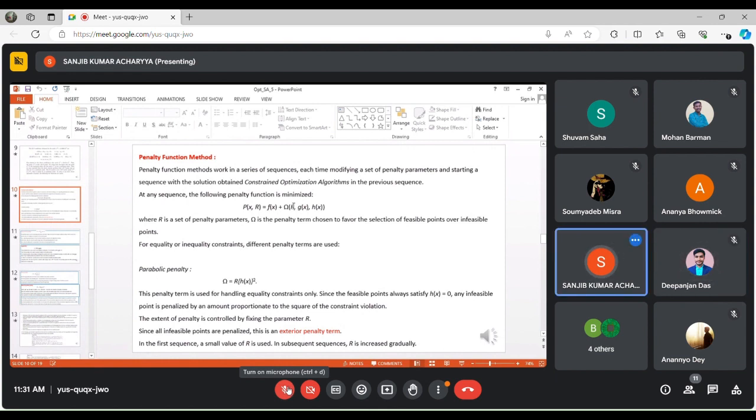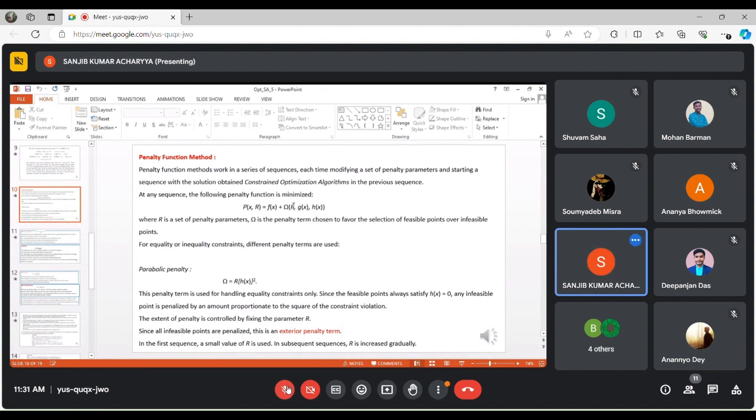So if I now give a statement that in the case of the exterior method, R starts with a small value but gradually increases to a very high value to increase the desire of feasibility, while in the interior method, R starts with a normal value, but gradually we have to reduce the R value to reduce the penalization, because otherwise we may exceed the boundary.